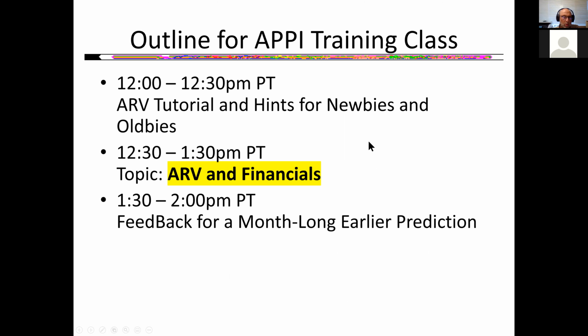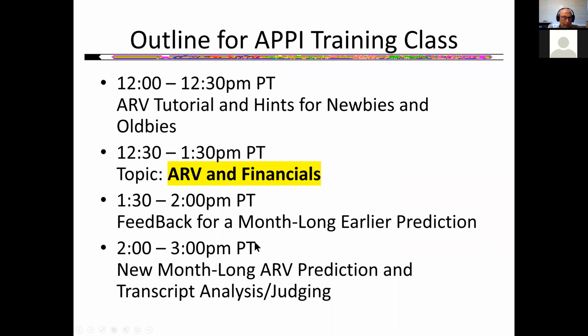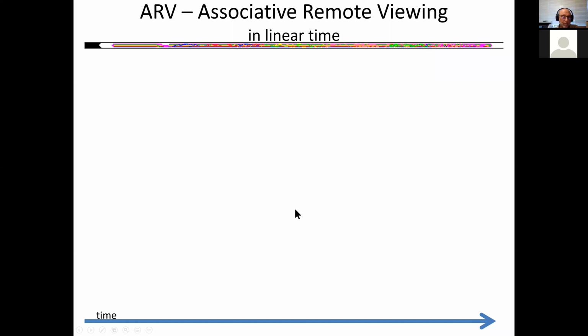And then we'll do feedback for the predictions that were made about a month ago. And then all of you will be making a new prediction for a month from now. So this is the learn by doing portion.